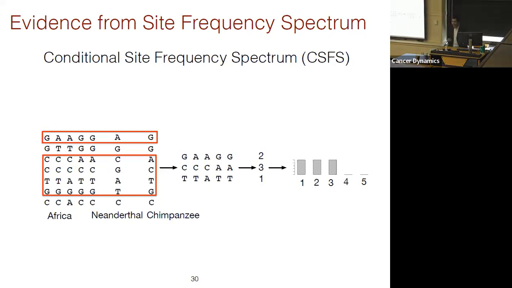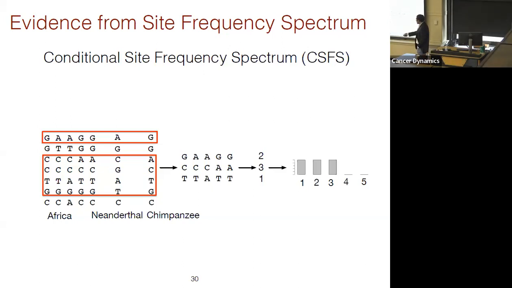The reason the site frequency spectrum is informative is that this histogram contains information about the demographic history of this population. In fact, under certain conditions, it's a sufficient statistic, so it has all the information that you can extract to be able to infer demographic history.